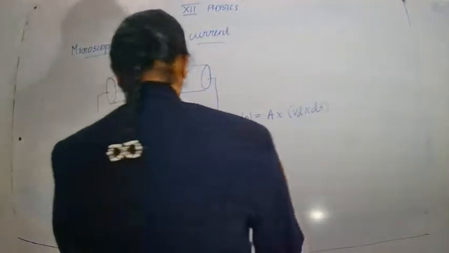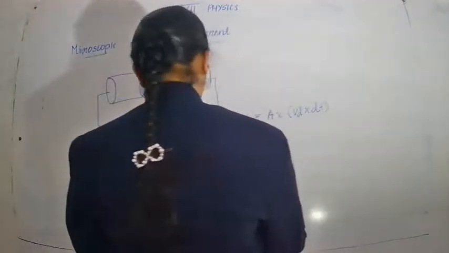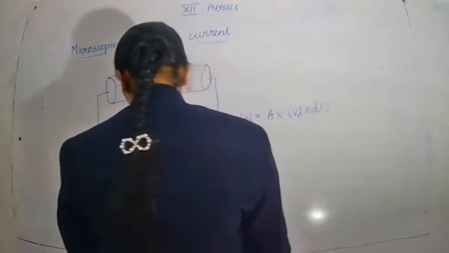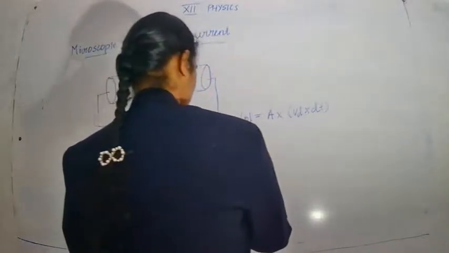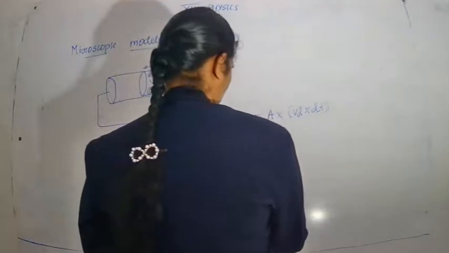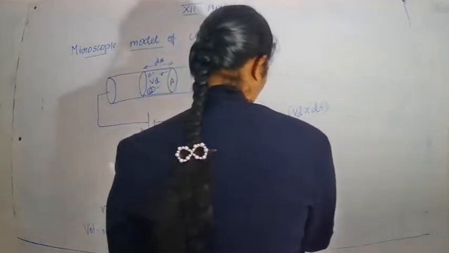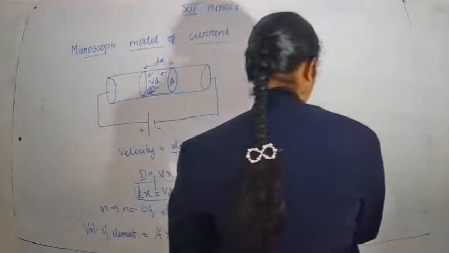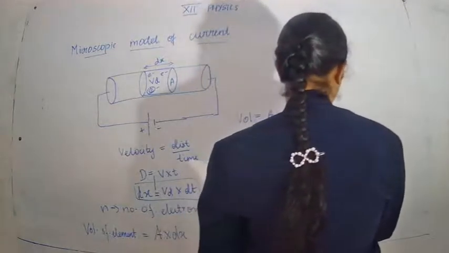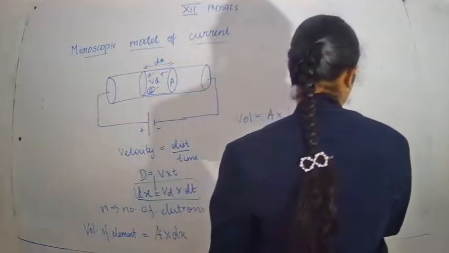Now, this is the volume for 1. So, total number of electrons means n times the volume. So total electrons is equal to n times the volume, A into Vd into dt.